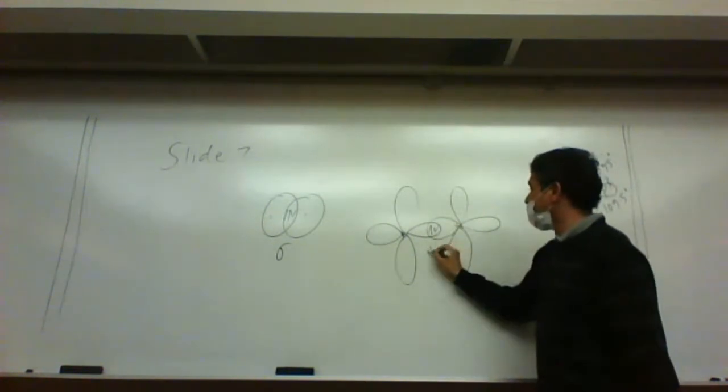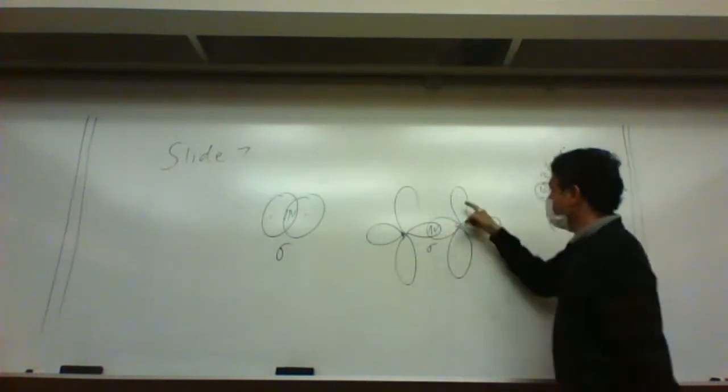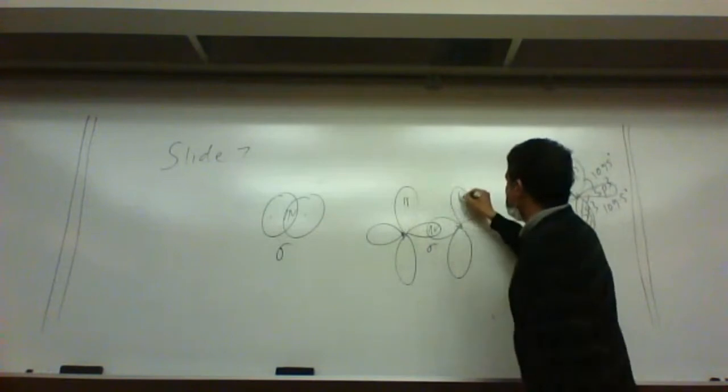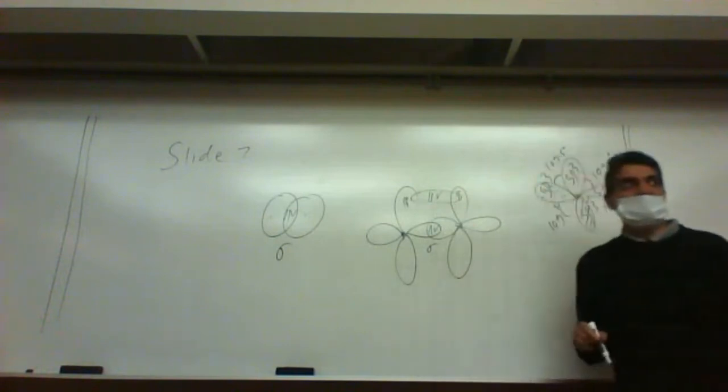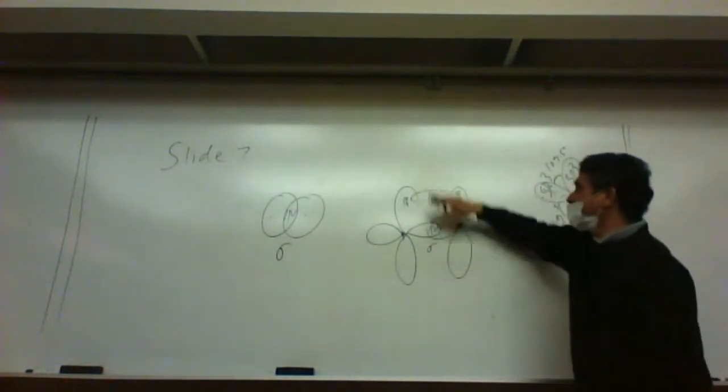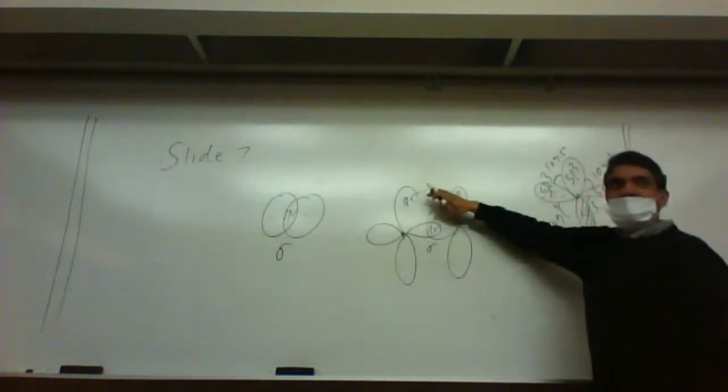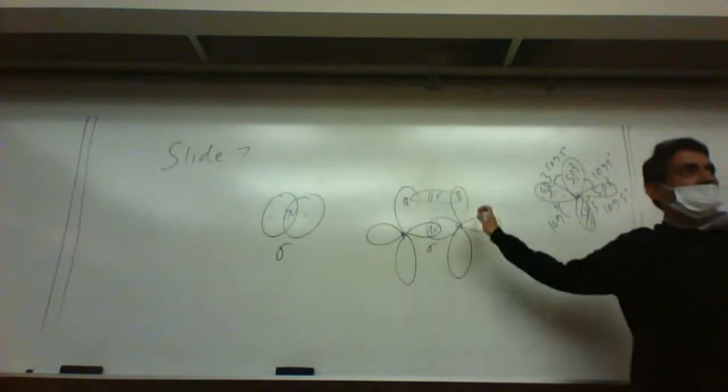So this is a sigma bond here. And this one and this one may be overlapping each other, and they form a region of overlap here, and this region is called the pi bond. So the pi bond is above the sigma bond or below the sigma bond. So this is a double bond.